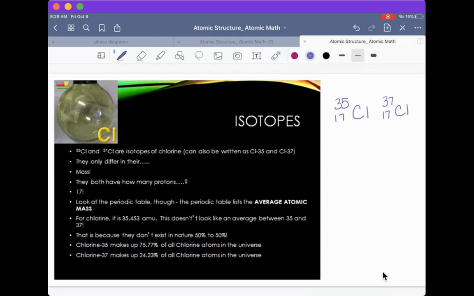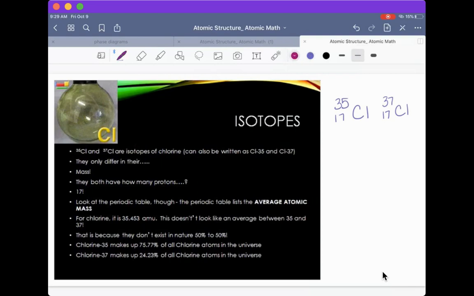Those 17 protons are what make them chlorine, but they differ in the number of neutrons, which is going to differ in their mass. Their nuclei are going to weigh more or less depending on how many neutrons are housed there.